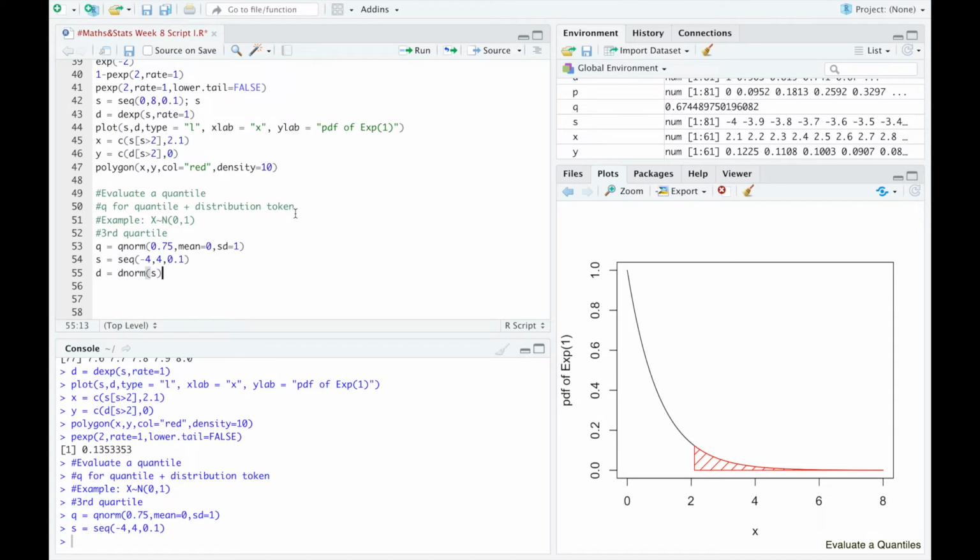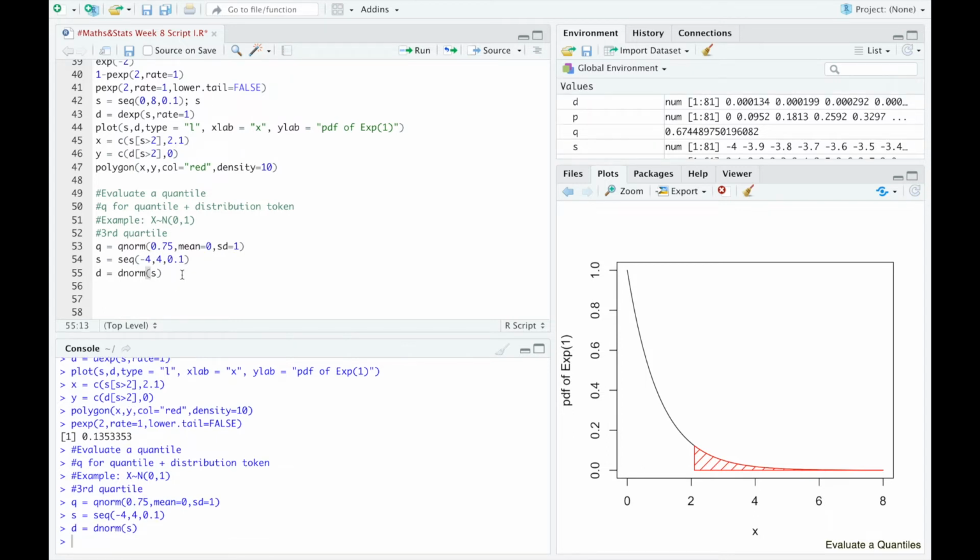Look, this is quite important. In this case, I'm supposed to set the mean and the standard deviation of my standard normal. However, if I don't do anything, some standard parameters will be used. For example, for dnorm, the standard parameters are mean equals 0 and standard deviation equal 1. So if I don't specify that the mean is 0 and the standard deviation is 1, it will be fine, because the standard parameters for this function are exactly those ones.